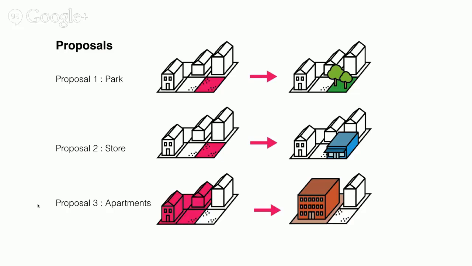So one proposal could be changing this pink site into a park. One could be changing this pink site into a store. Another proposal could be selecting another group of parcels, aggregating them, and turning them into an apartment building. So it's geometric changes, aggregations and disaggregations, and changes of use or changes of development type.